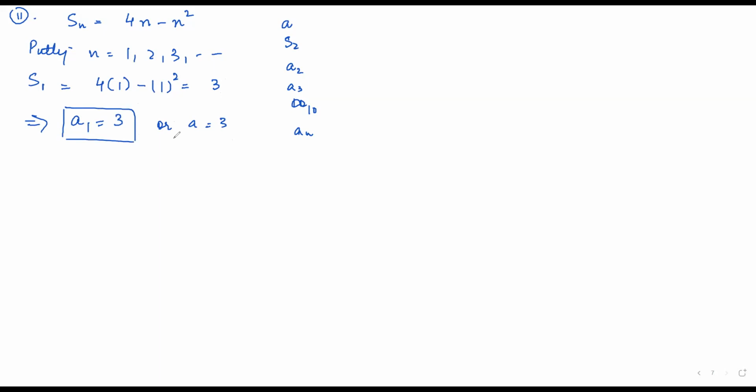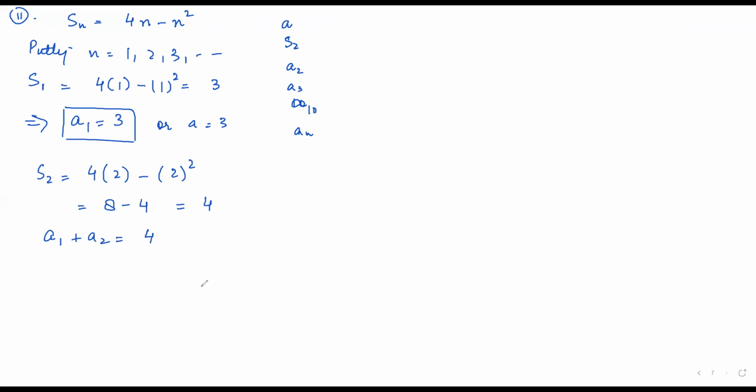Right. Now, what is the sum of first two terms? So if you put n is equal to 2, so I get 4 into 2 minus 2 square. So I get 8 minus 4, that is 4, right? Now sum of first two terms, that means a1 plus a2 is equal to 4.